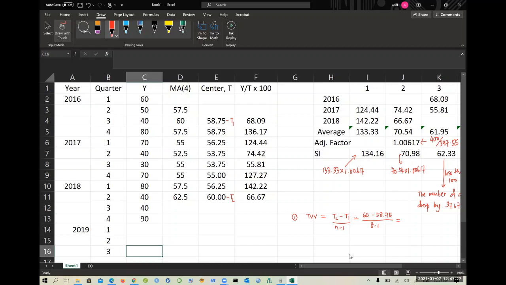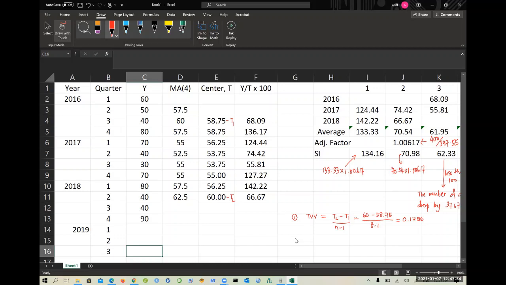So this one you're gonna get 60 minus 58.75 divide by 7. So you get 0.1786. Okay, you get 0.17857, so you got 0.1786.